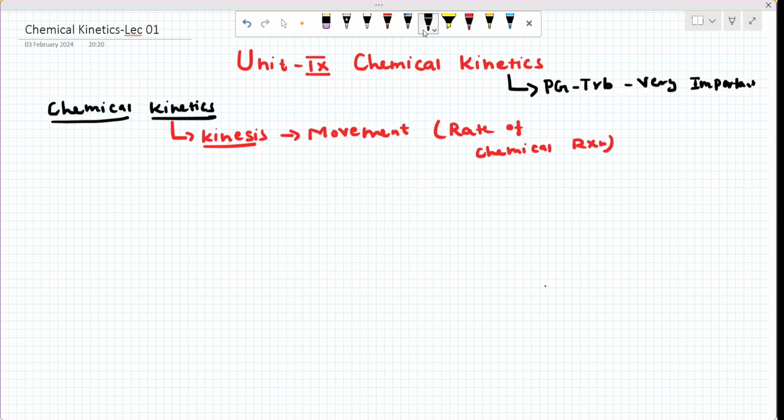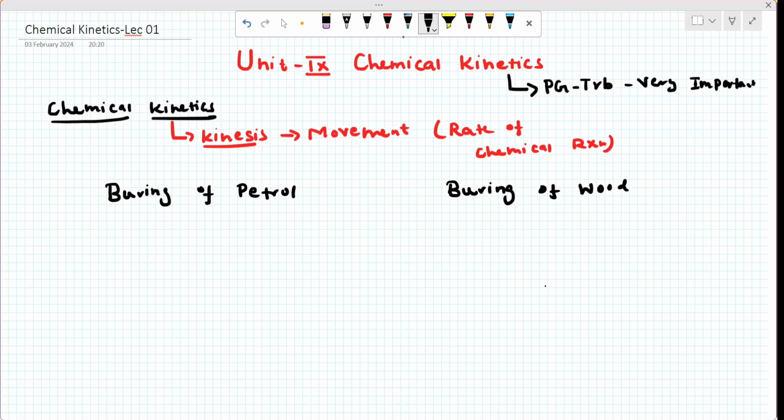I give a basic example. Take two reactions. Burning of petrol. Next reaction, burning of wood. Tell me, among these two reactions, which is fast, which is slow?